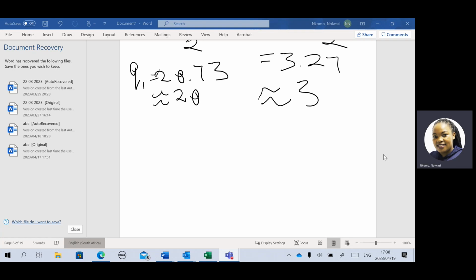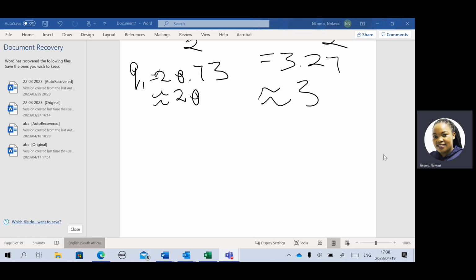Okay, this means at break even, the firm therefore breaks even either at Q equals 3, or at Q equals 20 units of the good produced and sold. Okay.